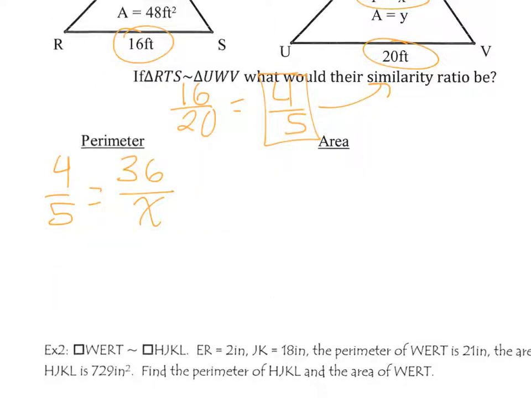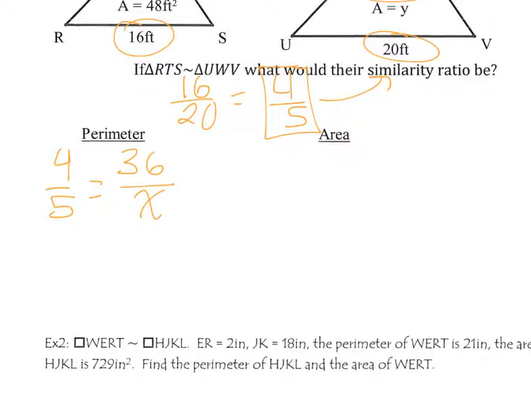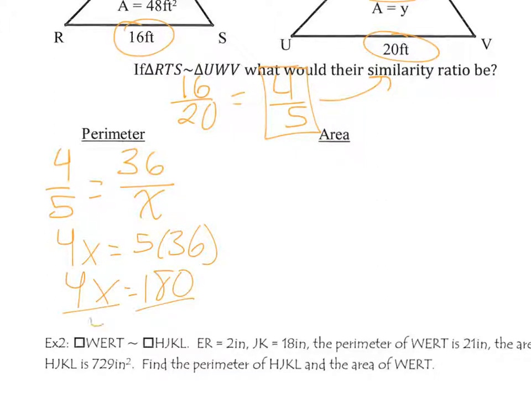So we've got 4 times x equals 5 times 36. So 4x equals 180. And if we divide both sides by 4, we get that our perimeter here, which we've labeled x, is going to be 45 feet.